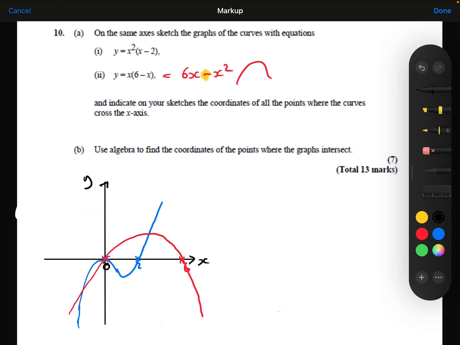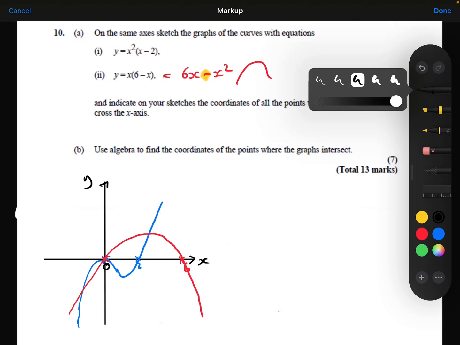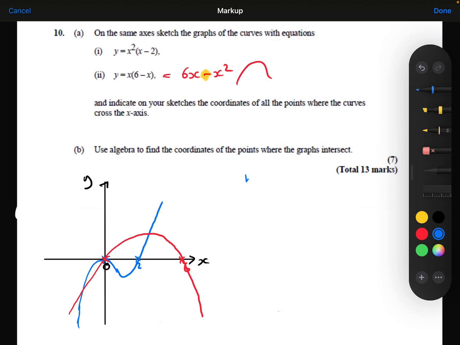Right, part B. Use algebra to find the coordinates of the points where the graphs intersect. So intersecting, we're thinking about simultaneous equations. So that's going to be when x squared times x minus 2 equals x times 6 minus x.